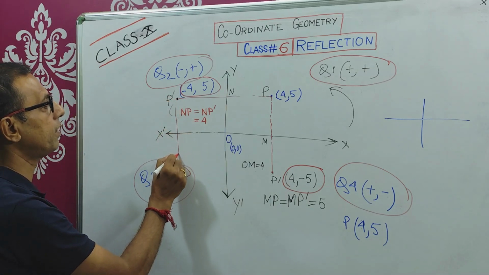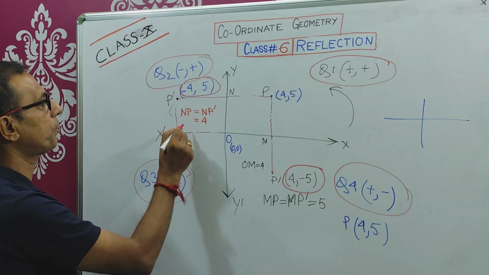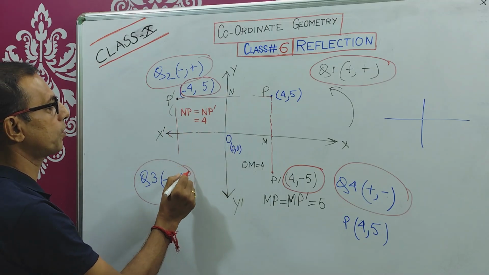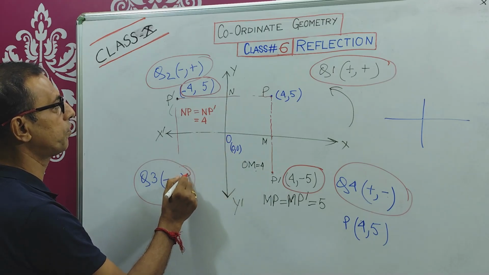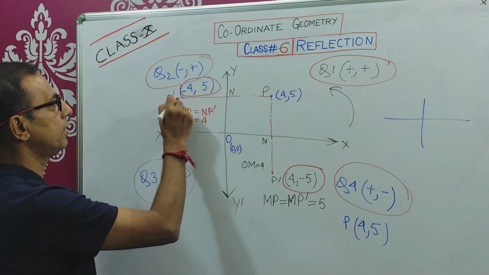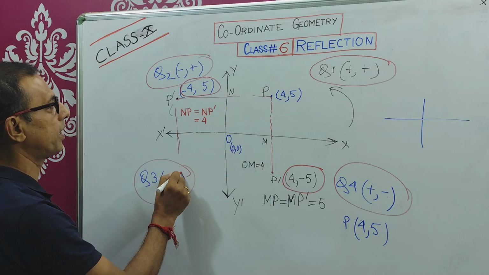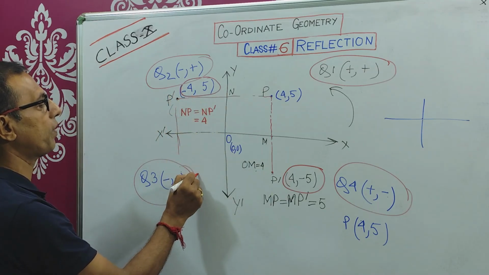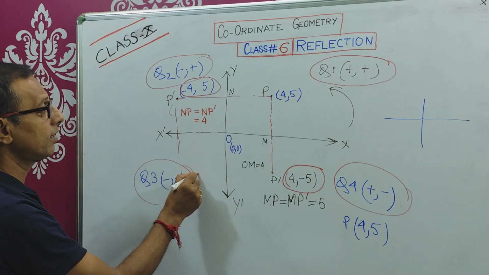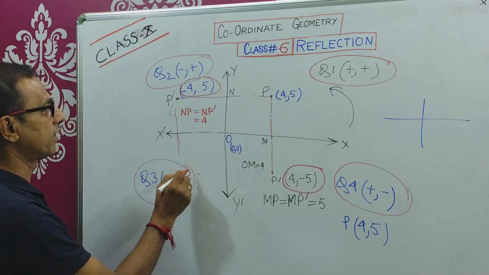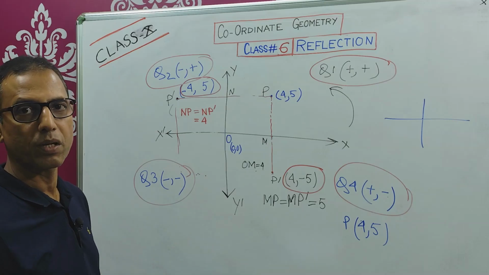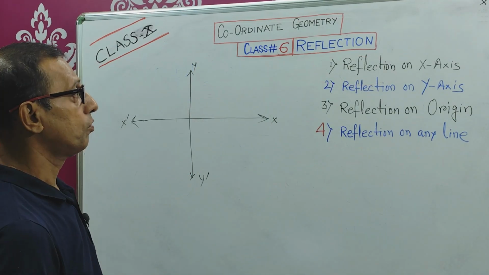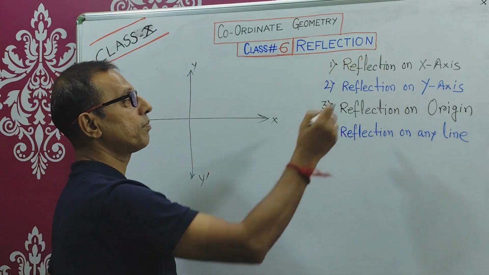Again it will be perpendicular, so this distance, minus 4, will remain 4, and this distance will be 5, this is also 5. So in both cases it will be 4, 5, but the sign, since it is the third quadrant, minus minus, therefore (minus 4, minus 5). Very simple, right?